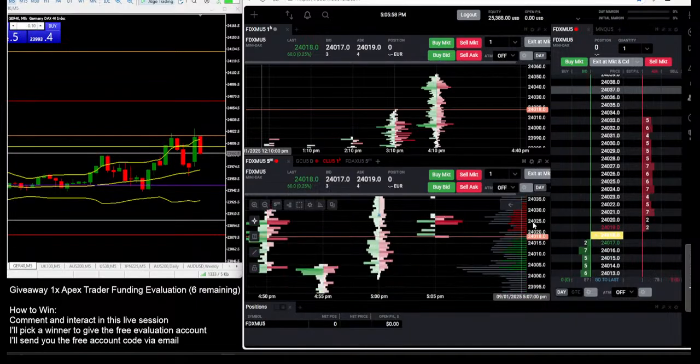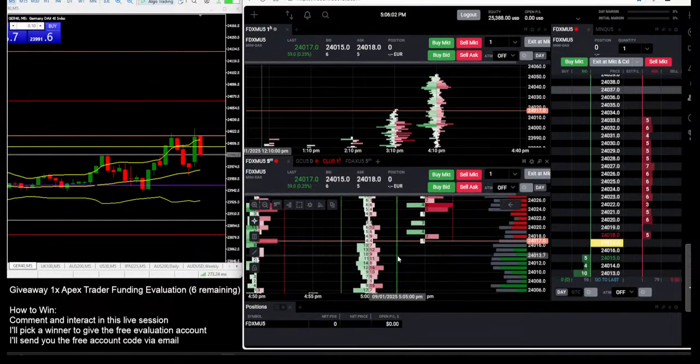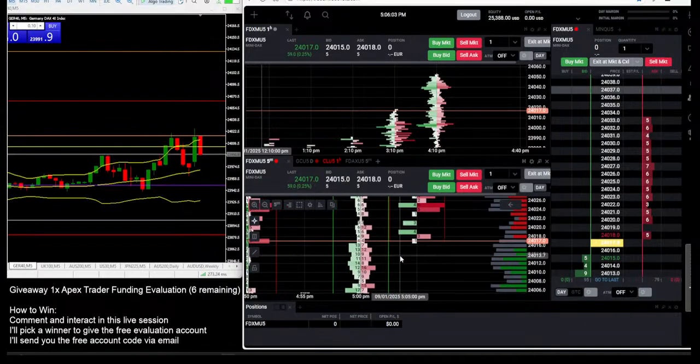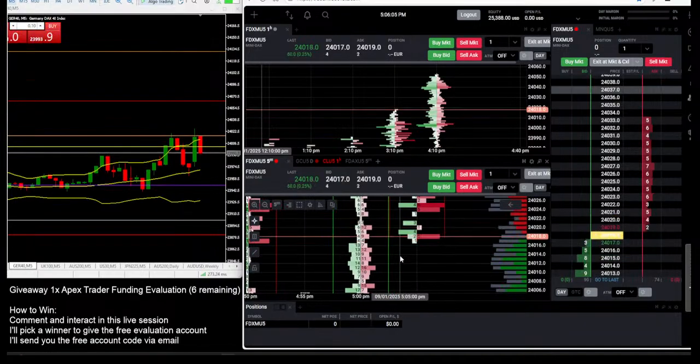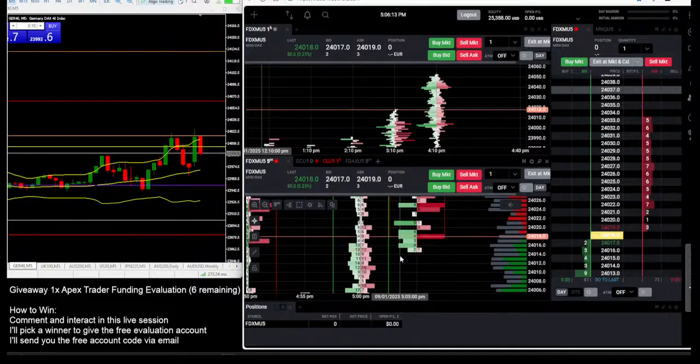So it's kind of falling off. I'm not sure we're going to get the indication we're looking for.